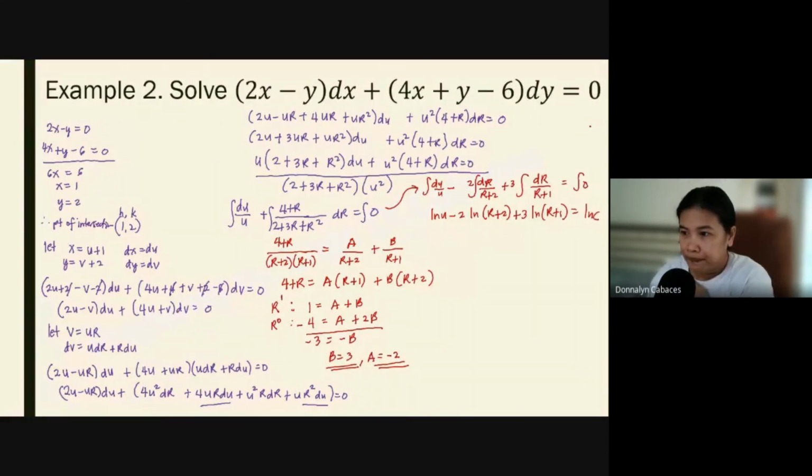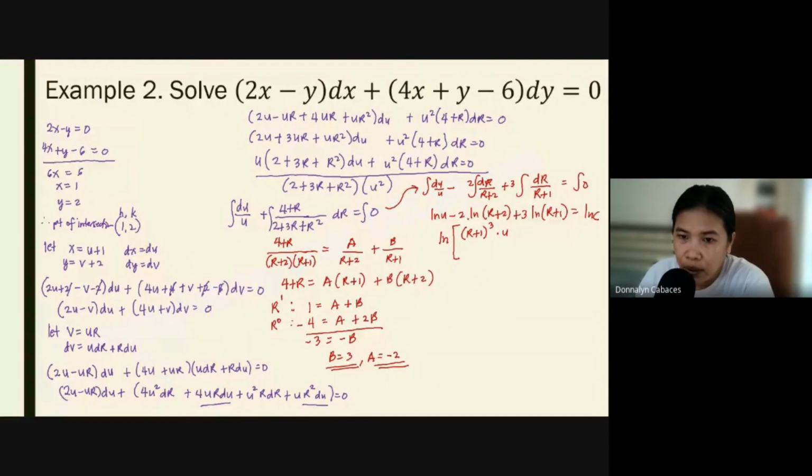Okay? Then, if you want, you can simplify first, applying the property of ln so that we can remove the ln. So this is simply what? ln of, so 3 ln of r plus 1 is r plus 1 cube. And this is u, so times u.